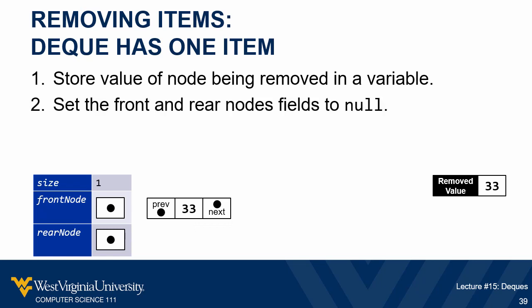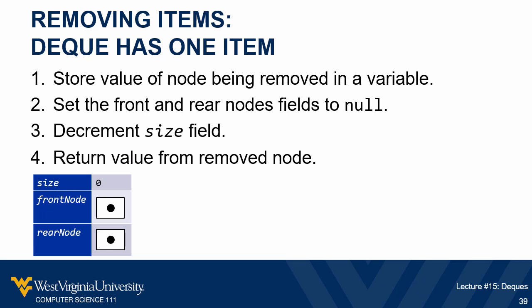Once we've done that, we're going to set both the front and rear node fields to null. This will signify that there's nothing in the deck, and it's going to cut off access to the node that we're removing. Once we've done that, we want to decrement the size field, which will now show that there are 0 items in the deck. And then we just want to return the value from our removed node using that temporary variable.